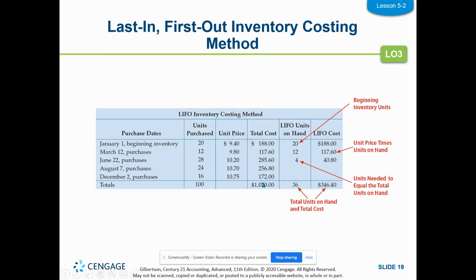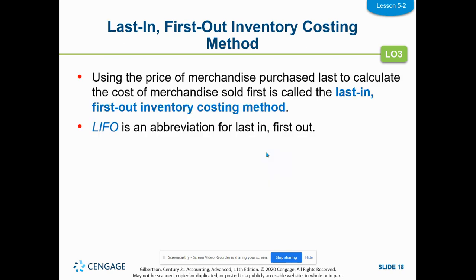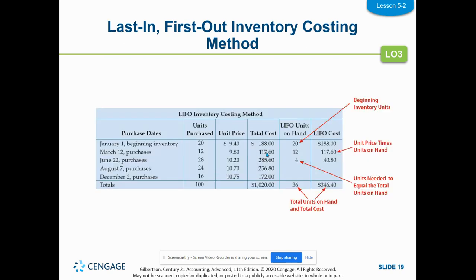LIFO, that means last in, first out. So everything that we got in last, the end of the month, sold before the stuff at the beginning of the month. So we've talked about this. FIFO, think of milk, right? First in, first out. You want all that fresh milk to go out first because it has an expiration date on it. Think of last in, first out as canned goods.